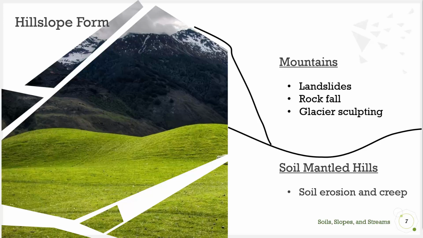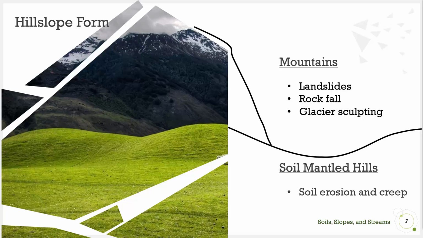Diversity of form means diversity of process. The shape of a mountain or hill controls what processes are active, and the processes also control the form. What kind of erosion processes happen on these slopes? Well, in the mountains, we likely have landsliding on the steep gradients, rockfall on cliffs, and glacial sculpting at the highest elevations.